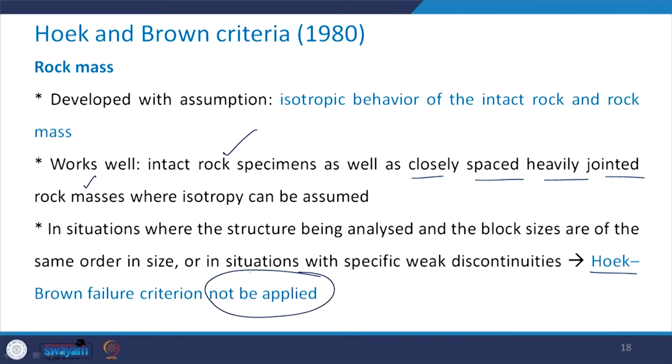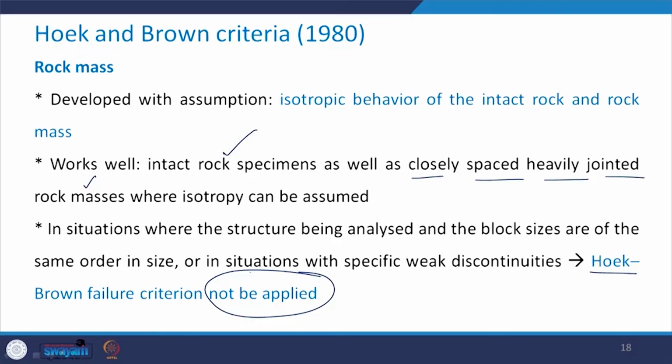So, once again please keep in mind, as long as the material or the rock mass or the intact rock can be assumed as an isotropic material, the Hoek and Brown criterion works well in such cases, but in these cases it is not applied.